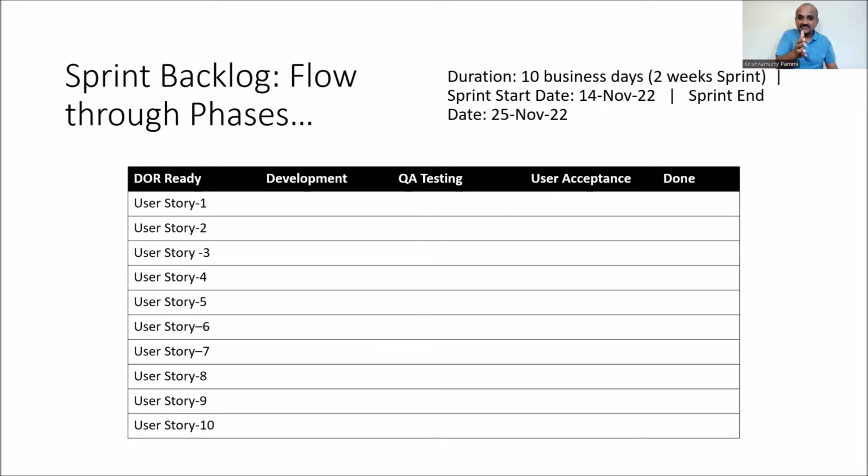And now these phases are called Kanban phases, and we are trying to gauge these Kanban phase gates so that how respective user stories are flowing through different phase gates we can understand. Right? So there are 10 user stories we have taken, a 10 business day sprint we have taken, 2-week sprint.